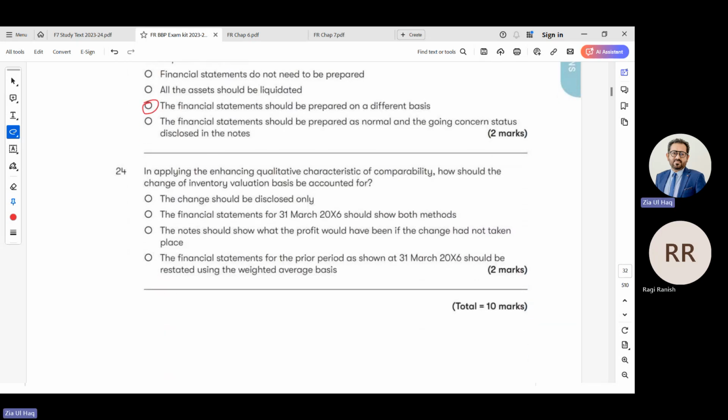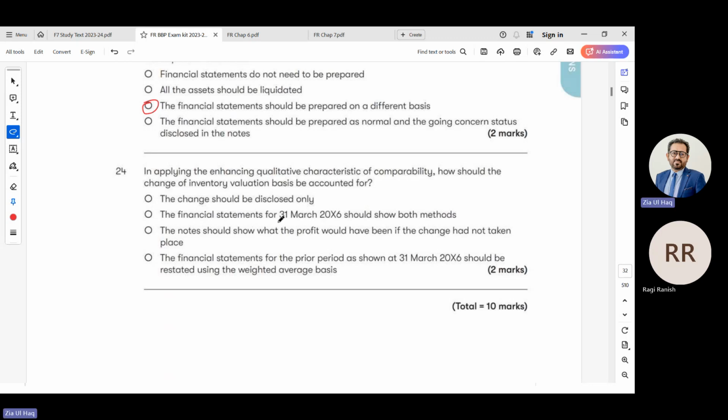24. In applying the enhancing qualitative characteristic of comparability, how should the change of inventory valuation basis be accounted for? They are changing inventory valuation from FIFO to AVCO. The change should be disclosed only.